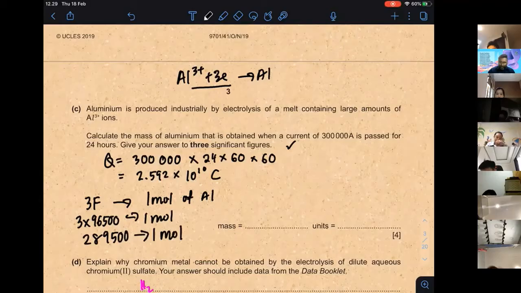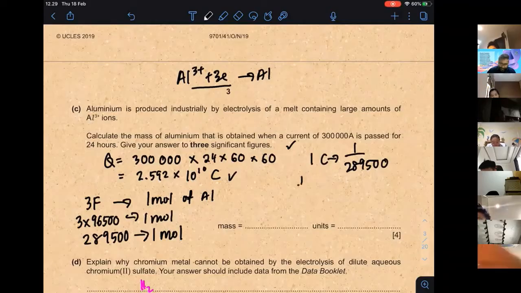I want to calculate for this, so I'm going to have 1 over 289,500 times 2.592 times 10 to the power of 10 moles.